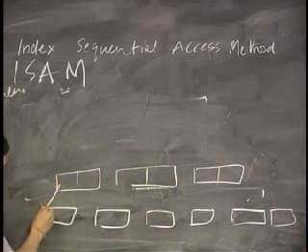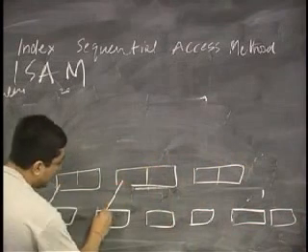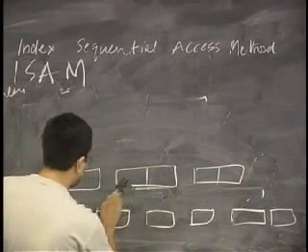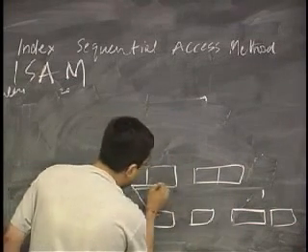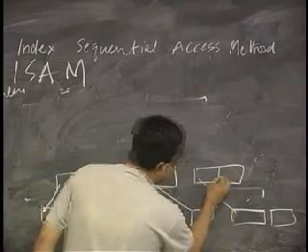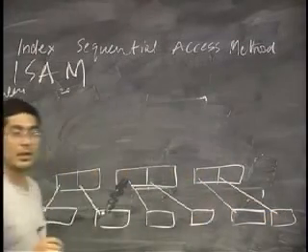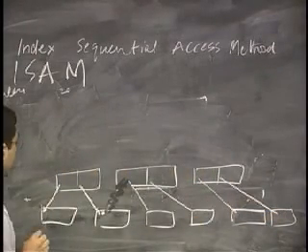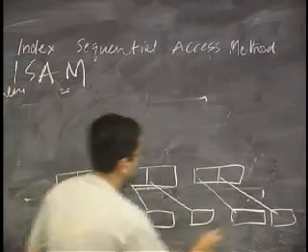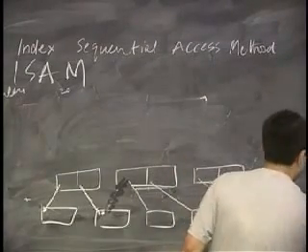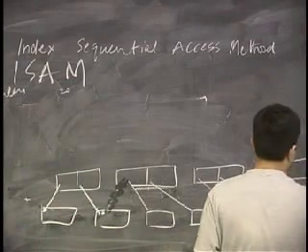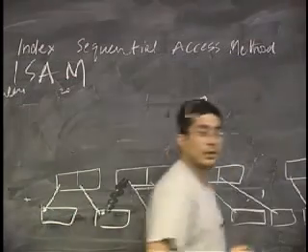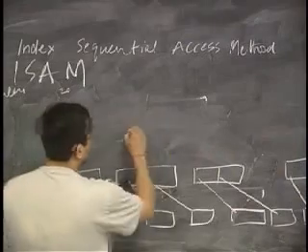These will point to the first entry here. I'll make it simpler if we make it 4 here. And then we make an index on top of this.